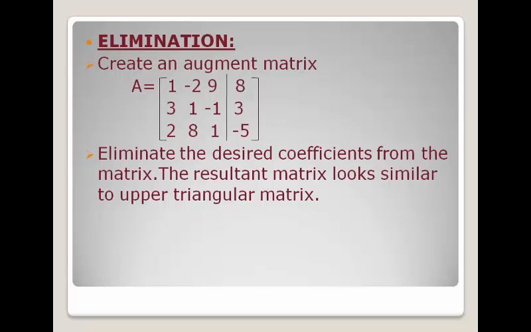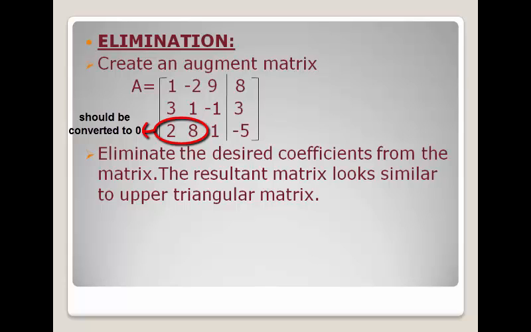In back substitution, we proceed from equation 3 to equation 1. So from equation 3 we find out the value of z, hence the coefficients of the other 2 terms should be eliminated, so that we are left with only the z term.